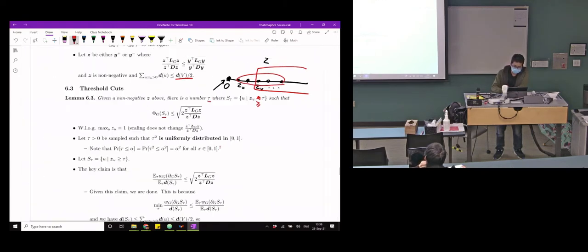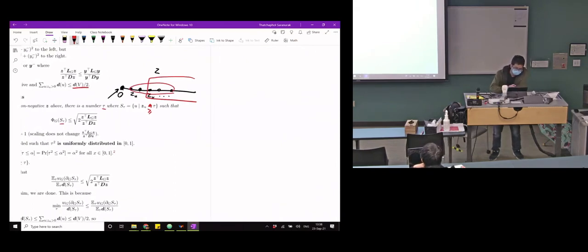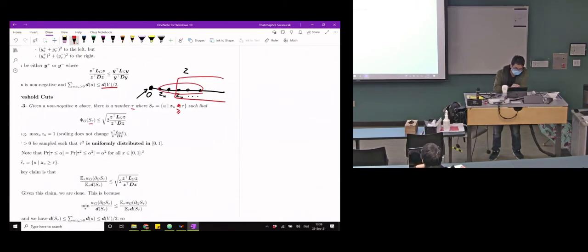Just to be clear what it means here: if you have a vector y where this is 0, and suppose that c is actually here, then this cut will correspond to this cut, because you kind of flip the sign.